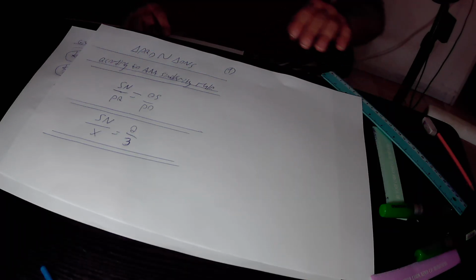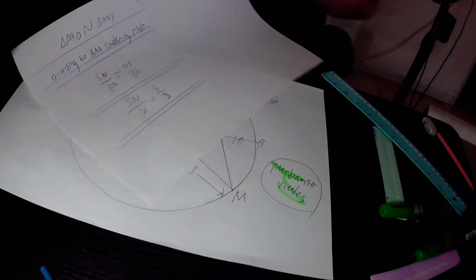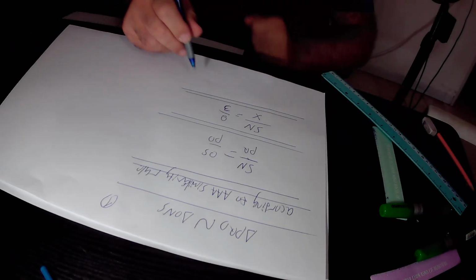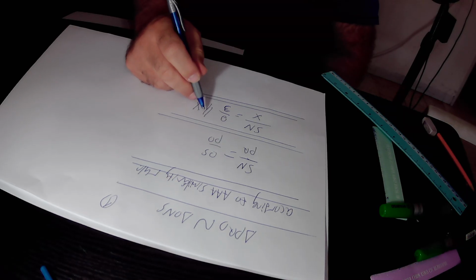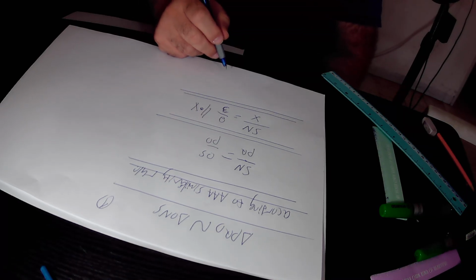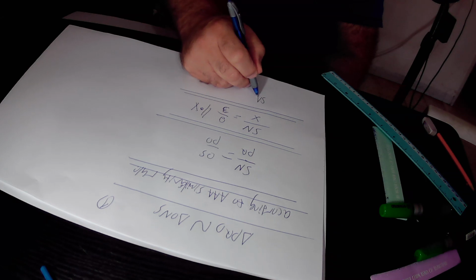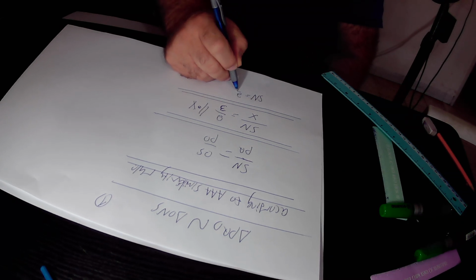Here we will multiply this equation by x, and we get that the missing side SN is equal to 2/3 x.